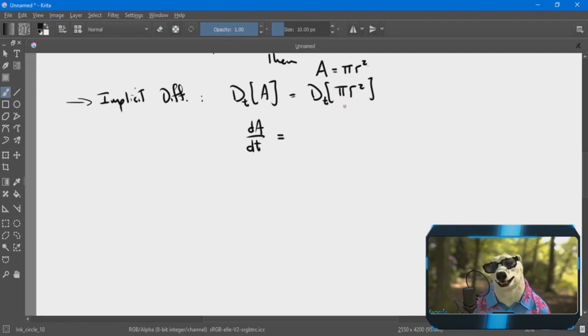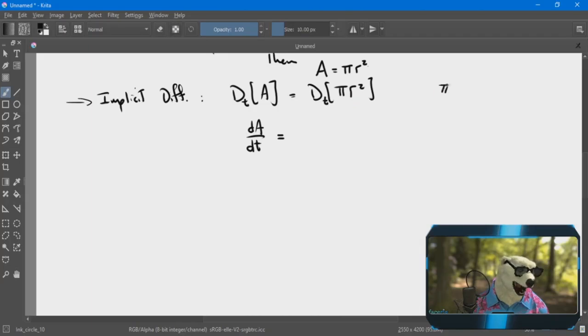The right side, there's something happening. My derivative is with respect to the t variable. Yet I don't have the t inside the square bracket, I have an r. And r, remember, is itself a function of time.